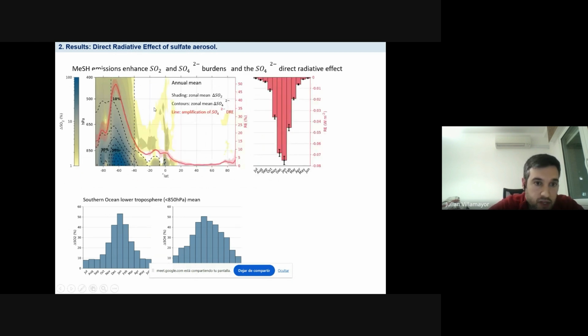Associated with this large increase of sulfate aerosol, our simulations revealed an annual mean increase in the sulfate direct radiative effect of 28% average all across the Southern Ocean, with a peak of up to 50% here, around 65 degrees south. Also, the direct radiative effect has a peak in summer, with a maximum effect of minus 0.075 watts per meter square.